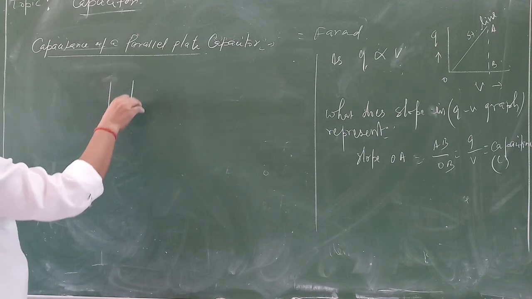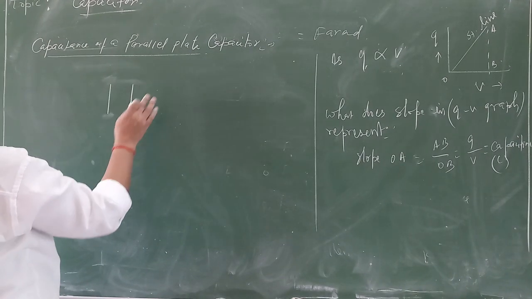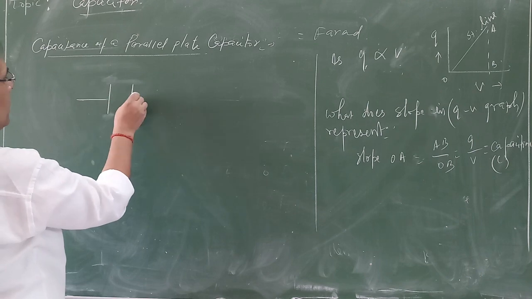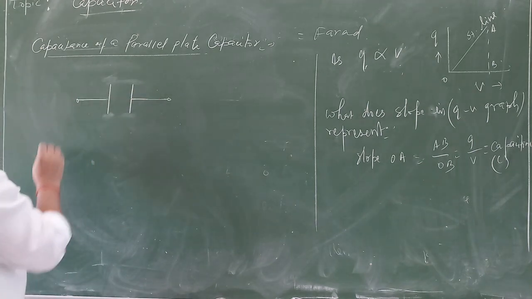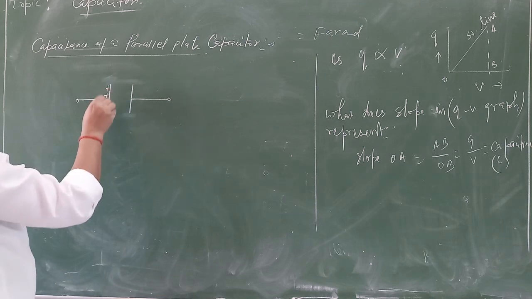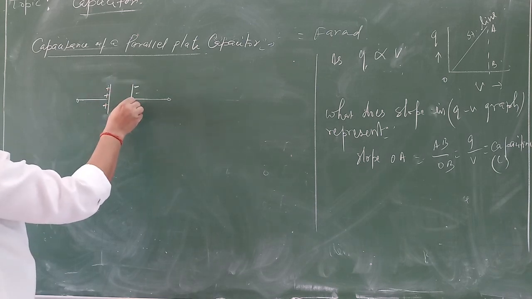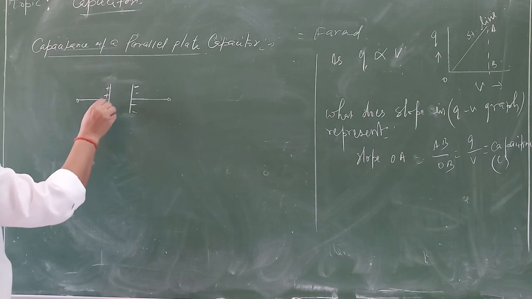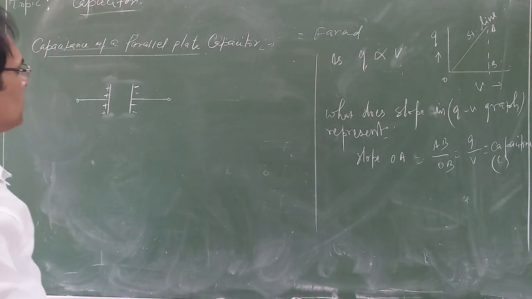If you draw two parallel lines, this is the symbol used for a parallel plate capacitor. Here it has positive charge and here it has negative charge. This is the negative charge.